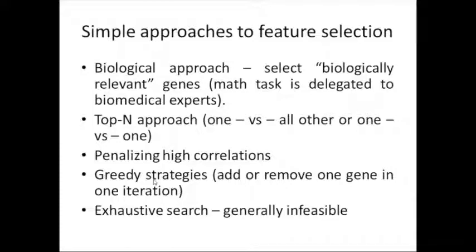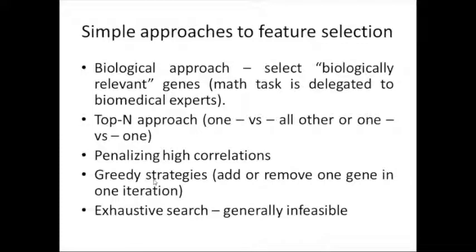It means that we perform differential expression analysis of the first class versus all other classes, the second class versus all other classes, and so on. And in each analysis, we select top n differentially expressed genes. Alternatively, we can perform all pairwise comparisons, differential expression analysis for all pairs of classes, and select top n genes from these comparisons.